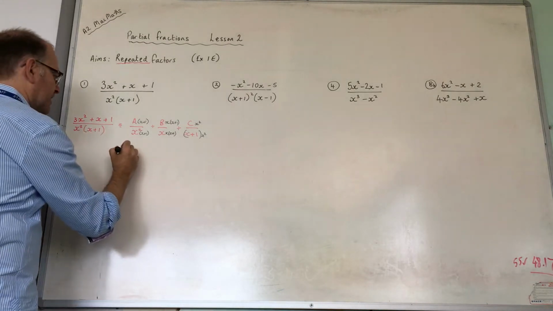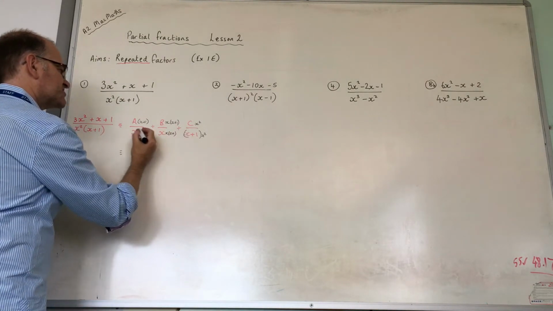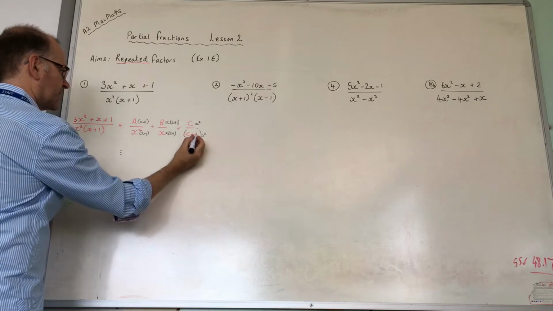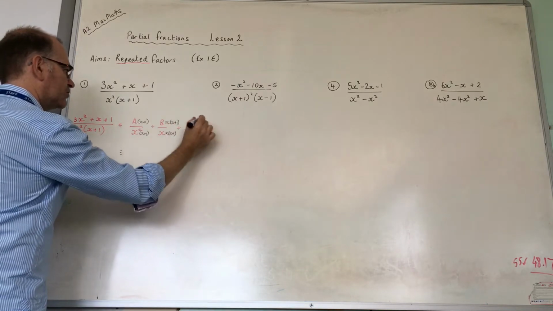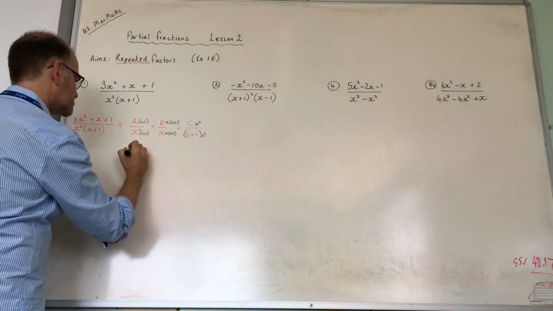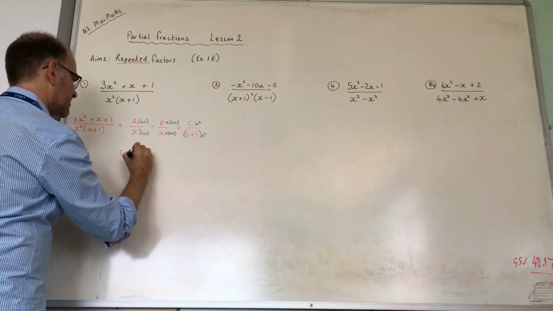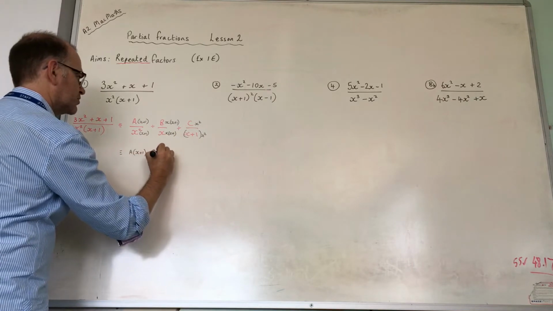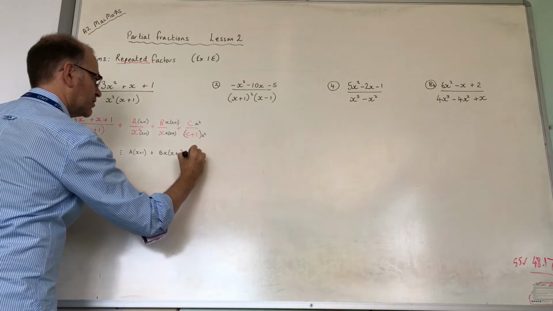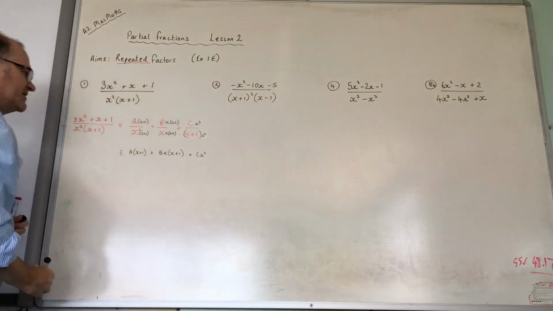That means now that all of these have the same denominator, don't they? Which means that we can write all of this top over the same one denominator. So we can write a times x plus 1 plus b times x plus 1 plus c x squared.